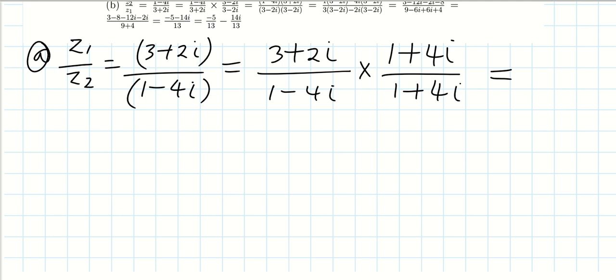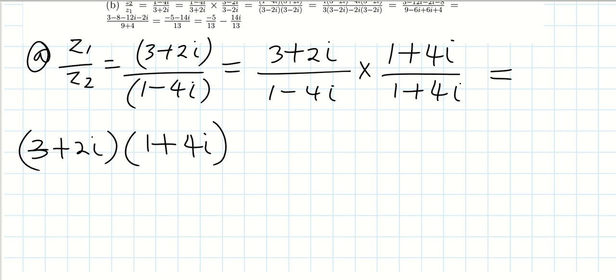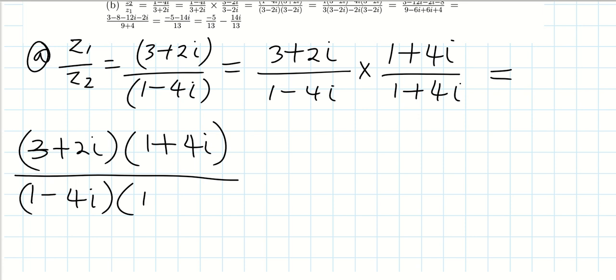So when we do that, we have that here is the same thing as 3 plus 2i times 1 plus 4i divided by 1 minus 4i times 1 plus 4i.